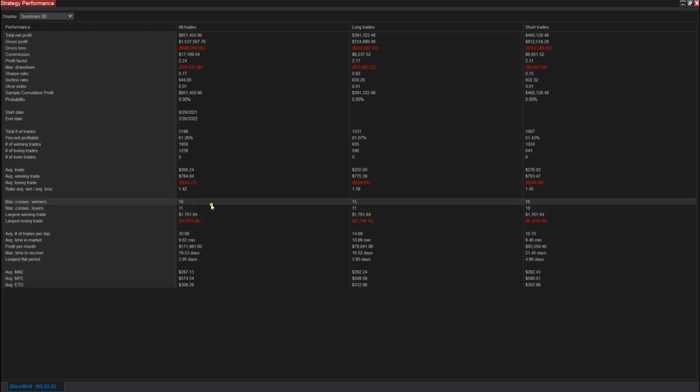It has a 1.42 average win-loss, but if you get 11 in a row, it can be very costly to hold this strategy through some drawdowns. It does correct itself and come out ahead more times than it loses, but there are ways to get this more in a reasonable line.